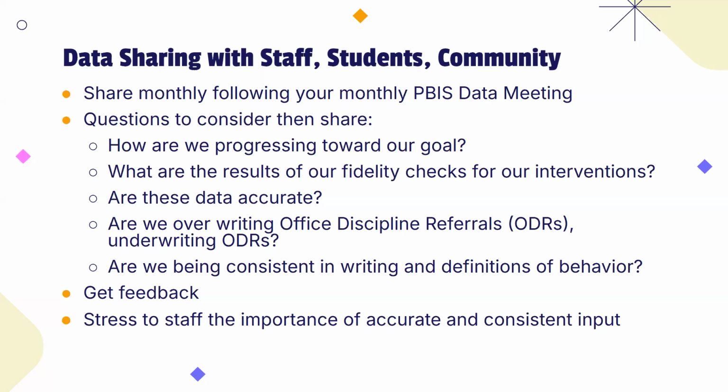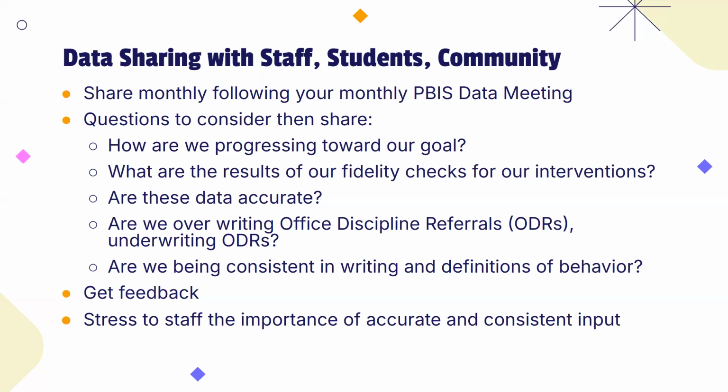The next question is, what are the results of our fidelity checks for our interventions? Are we implementing the way that we are supposed to be implementing these interventions? And then, of course, are these data accurate? Are we collecting data in an accurate way? And is it really depicting how we're implementing these interventions? The next question is really important as well.